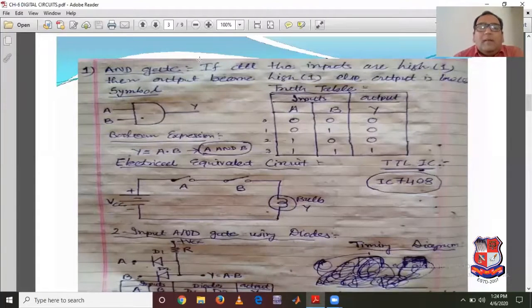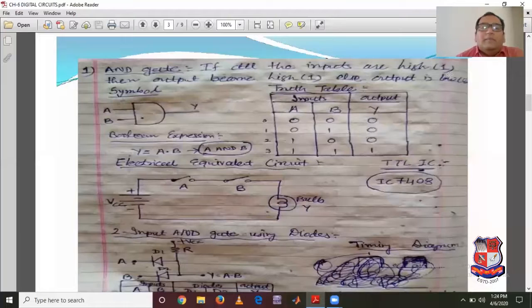But the general definition: AND gate is nothing but if all the inputs are high, high means logic 1, then the output becomes high. It means if all the inputs are at logic 1, you will get the output logic 1. Else output is low, means output is 0.